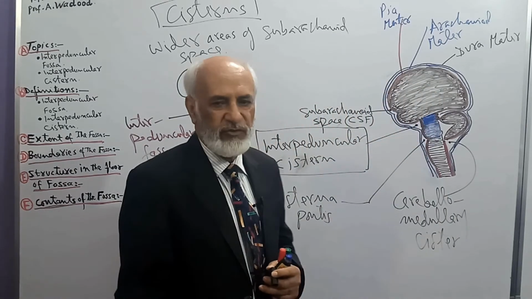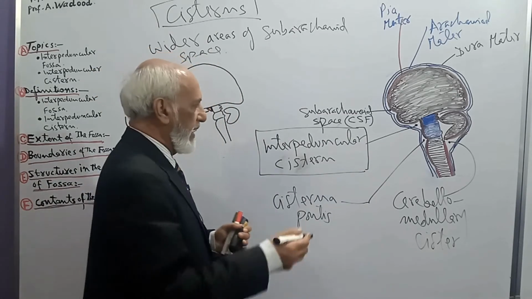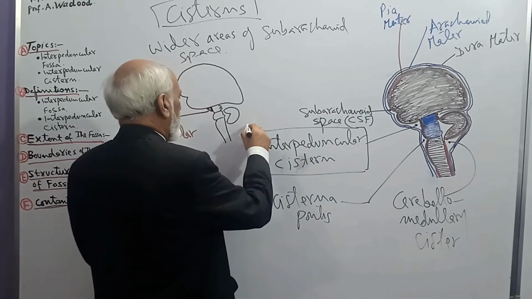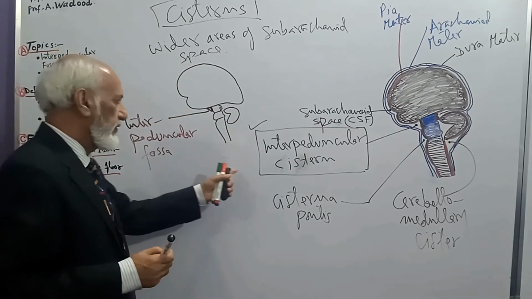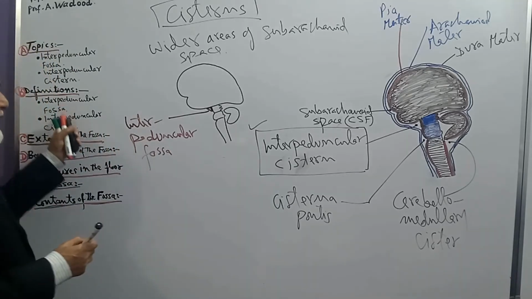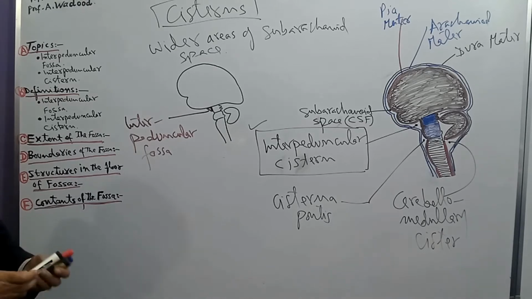So there are other cisterns also that we will discuss later on in detail. But at this stage, we are concerned with interpeduncular cistern. So make a difference between interpeduncular fossa and interpeduncular cistern.